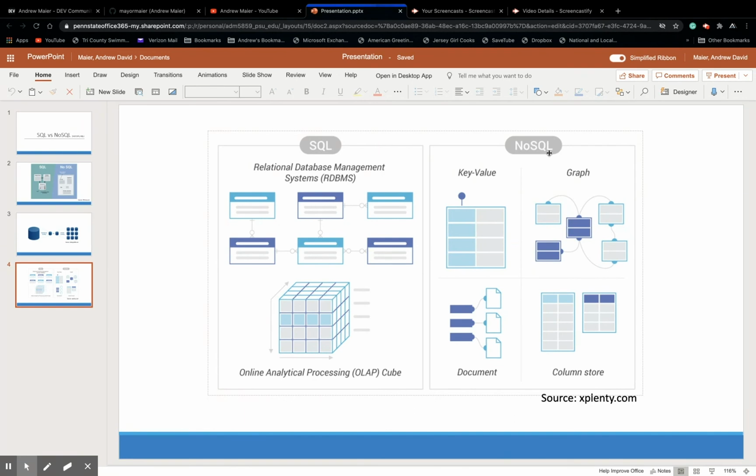And NoSQL databases, they're not just document based, but you can have multiple different types of documents. Yes, they can be tables, but you also have key value storage as well as graphs and standard documents. So you're able to have a greater flexibility in the elements of your database.